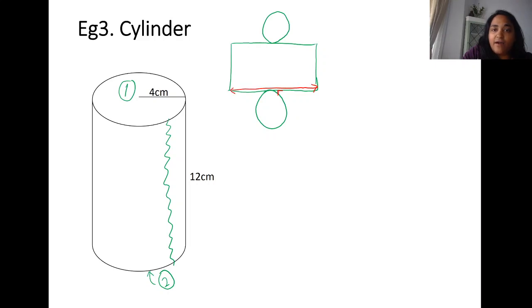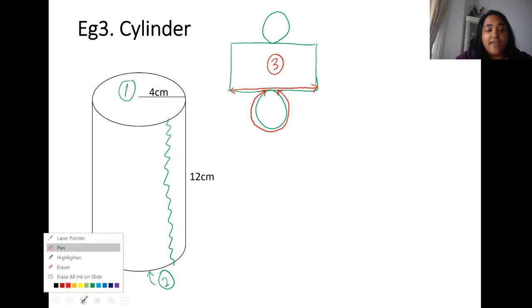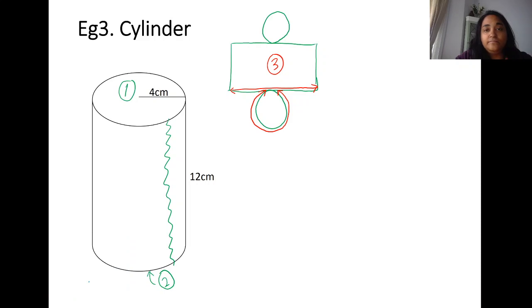would wrap around this circle. So that might give you a clue of how we find out the area of our third face. So just have a think, how are we going to work out the area of that third face? So this length we know is the same as this length, so this is 12.